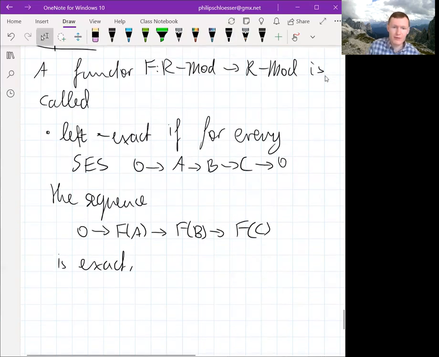Notice that we don't have anything here. So what this basically means is that injective maps are again mapped to injective maps, but not necessarily for surjective maps. And we still have some preservation of image equals kernel.